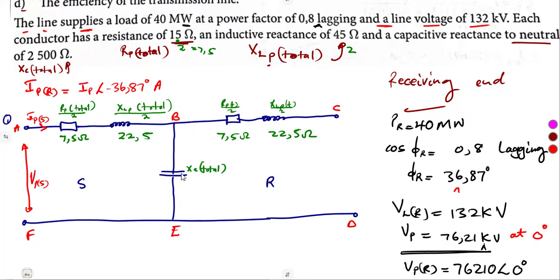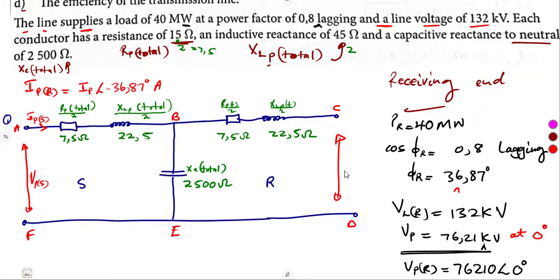This one is not sharing with any other capacitor; it is the only capacitor. So that is the total reactance that we are given of 2,500. And as I said before in the introduction, it's a purely capacitive part. We do not have any resistor or any inductor there. So it's just purely capacitive. All right, so that is it, guys.